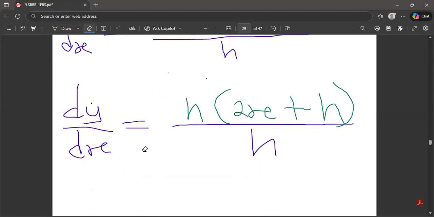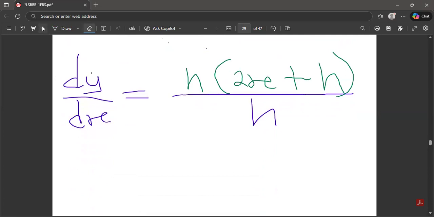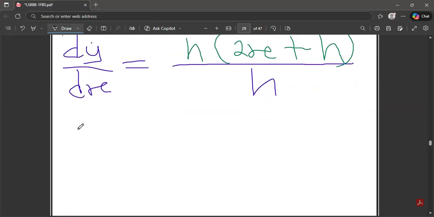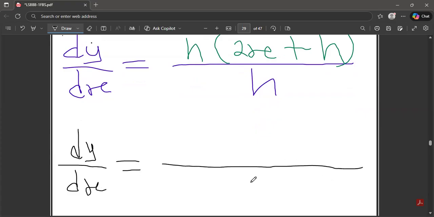So from here, it means that h can cancel h. But because I don't want to confuse you, let me still repeat it again before I let h cancel h. So this is how this is going to look like.